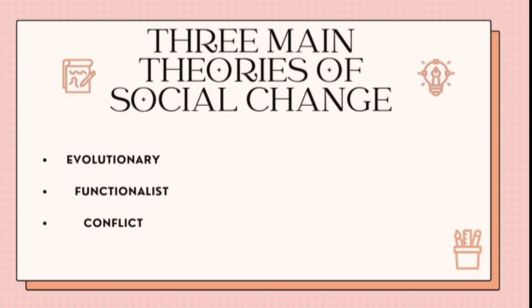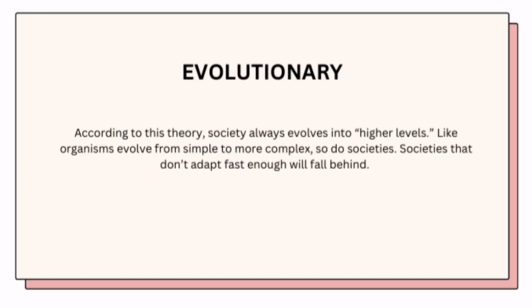So, we have three theories about social change, and they are evolutionary theory, functionalist theory, and conflict theory. Evolutionary theory. According to this theory, society always evolves into higher levels, like organisms evolve from simple to more complex.